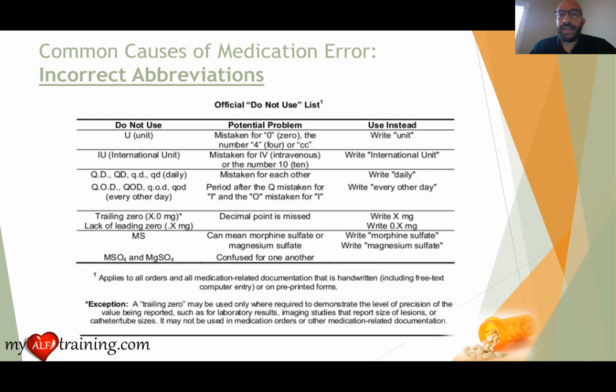So this is the proper way that you should use and not use abbreviations when you're trying to communicate, or even when you're reading communication from a doctor or a nurse practitioner or anyone who's writing orders on your patient's chart. If you're seeing that they're using incorrect abbreviations, you need to highlight the abbreviations that are incorrect on that order and seek clarification, because ultimately we are the line of defense before errors occur to the patient.